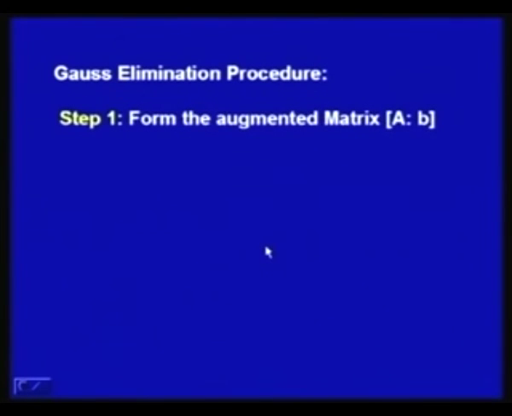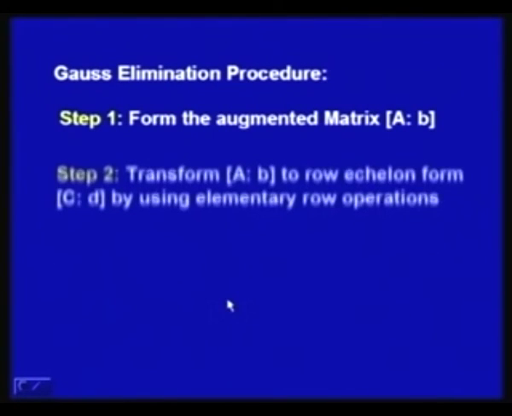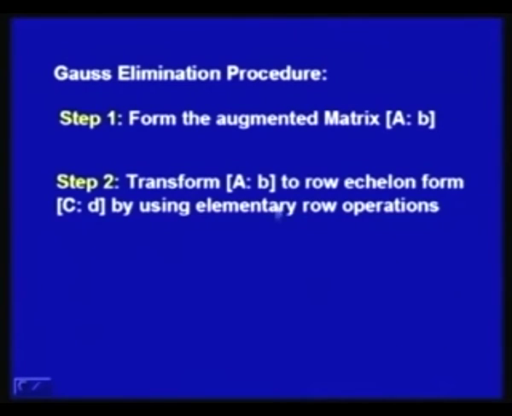So, the Gauss elimination procedure, this procedure was given by Gauss, uses this concept. So, the first step is to form the augmented matrix from the given system of equations. Second step is to transform the augmented matrix A B to row echelon form C D by using elementary row transformations, and here we have actually used that theorem that after transforming A B to C D in a simpler form, the solution of the two systems remains the same.